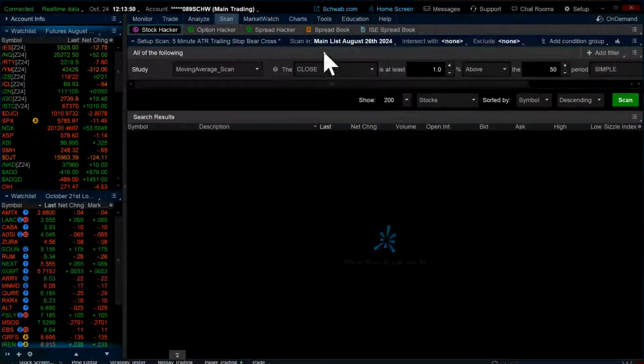And just take this. Take the moving average is over the 20. Just the close is above the 20. Let's say 5%.